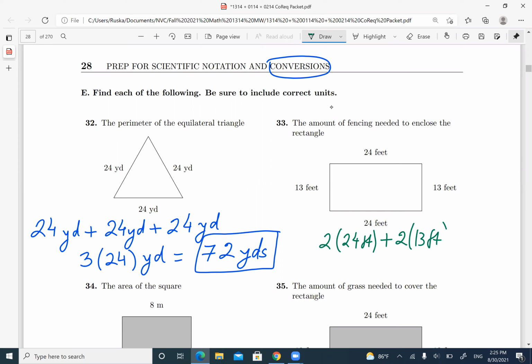And then I can just do the math from there. Okay, so 24 times 2 is 48. 48 plus 13 times 2, which is 26. Yes, 26 plus 48, yes, 74. Yes, that's right.